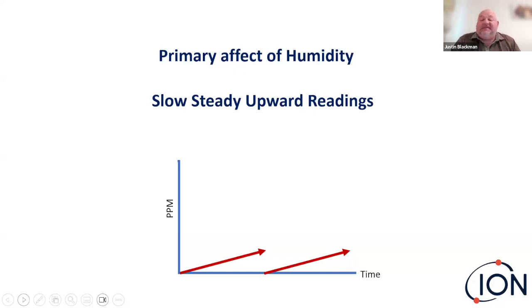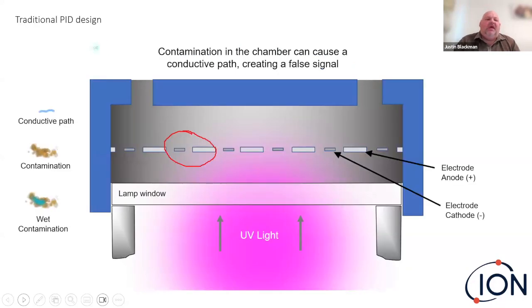So this is what I call the primary effect of humidity. It's the one that people are aware of, and it was considered normal for a long time. So I just show this. Hopefully you're seeing this moving on the screen here.